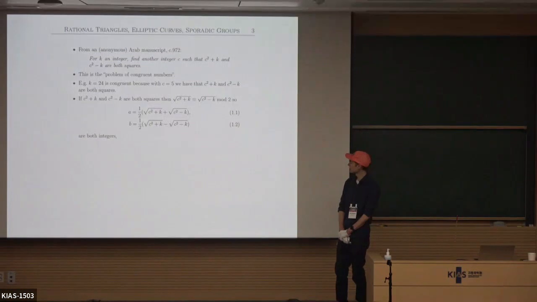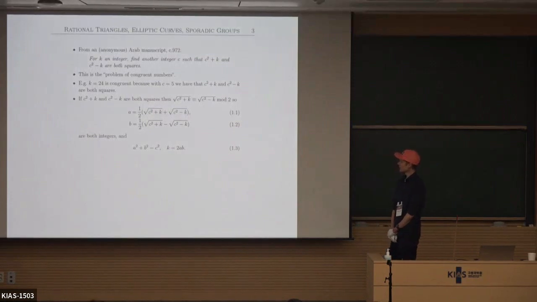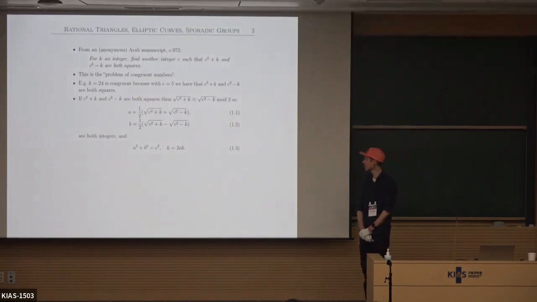And having done that, what's the relationship between a, b, c, and k? Well, a squared plus b squared equals c squared, and k is 2 times ab, which is to say it's 4 times the area of the right triangle whose side lengths are a, b, and c. Okay.